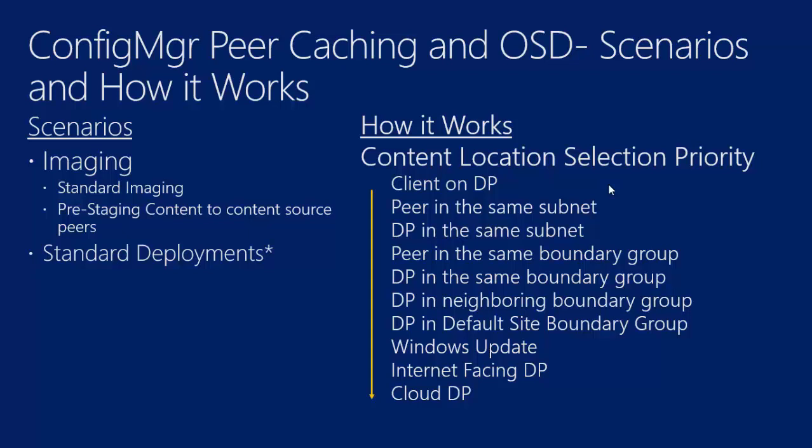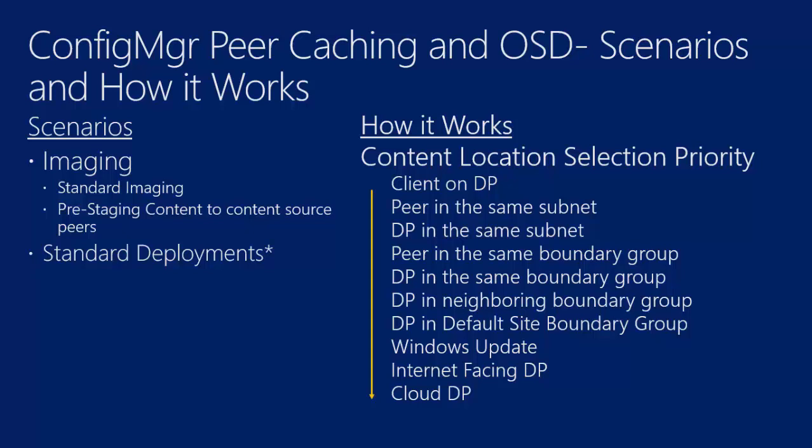Now, in order for peer caching to work and to be factored in at a higher priority than traditional DPs, we've got to have a selection criteria, a selection order, if you will, to establish priority. And this is what it is. So if we have a client on a distribution point, we're going to use that distribution point because that distribution point is local to us.